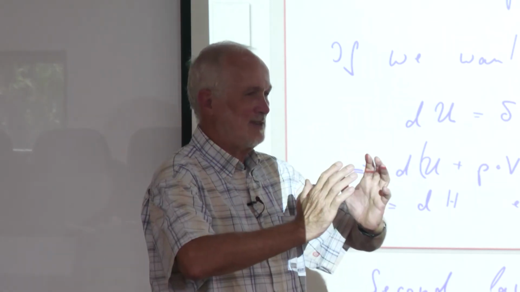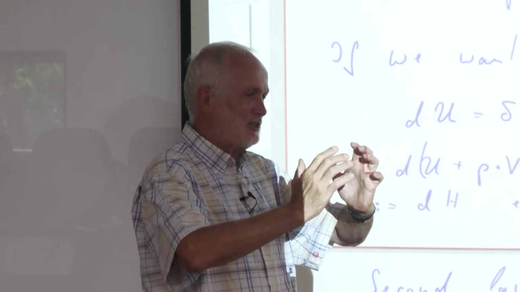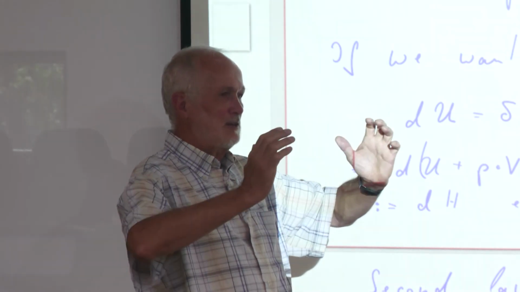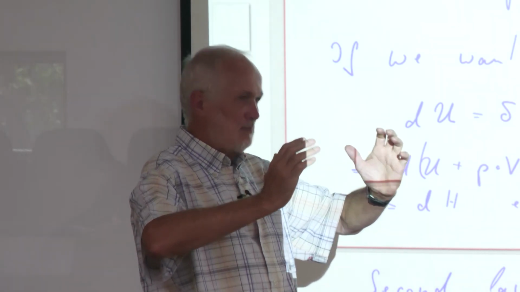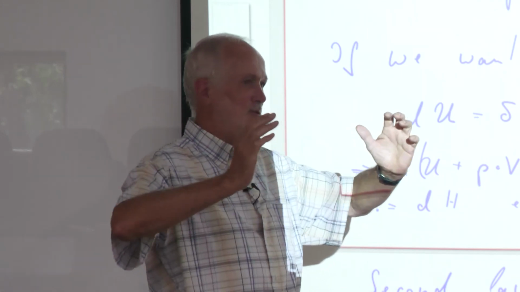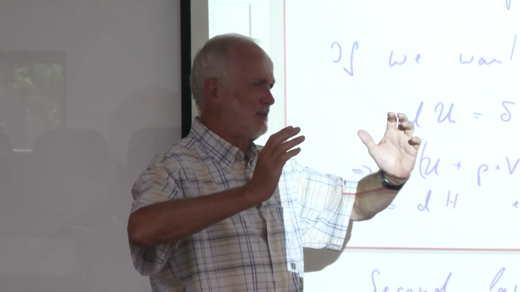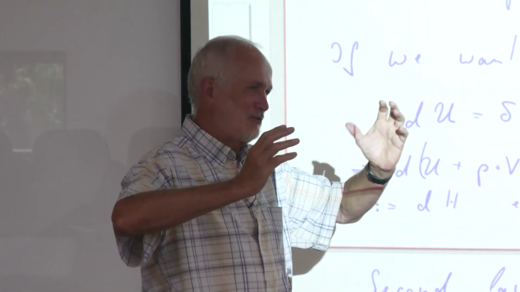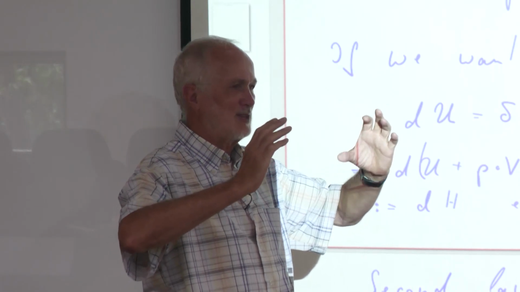You keep it constant. And that's a part of energy which you can, in principle, use later on by letting it expand. And if you keep the enthalpy constant, this means that you already allow for this expansion. So this is basically the difference. But since most solids have small coefficients of thermal expansion, this difference does not matter too much.